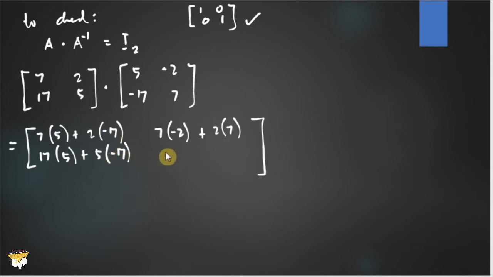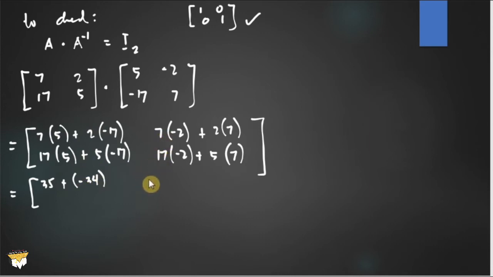Then we have 17 times negative 2 plus 5 times positive 7. Okay, so let's see. We have 7 times 5, of course, is 35, minus, plus, that's negative 34.